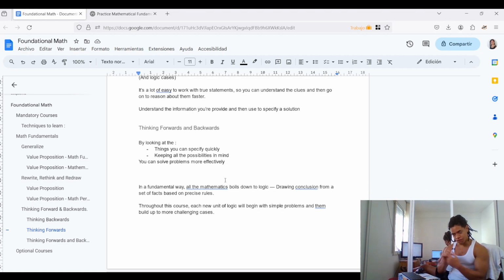So thinking forward and backward means looking at the things you can specify quickly and keeping all the possibilities in mind. By doing that, you can solve problems more effectively.